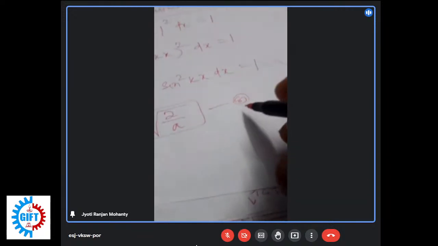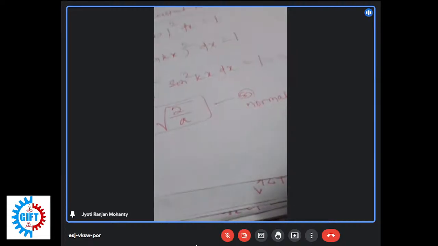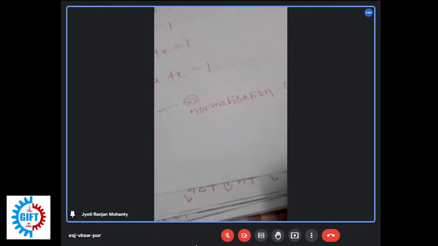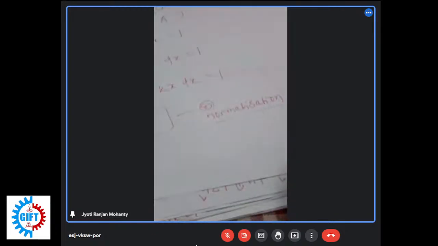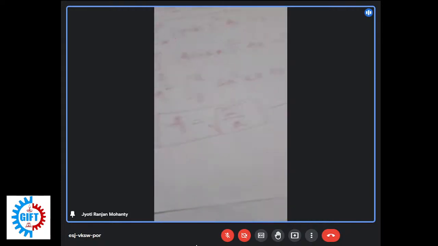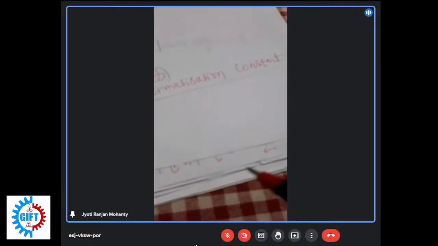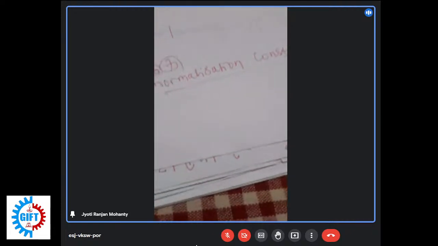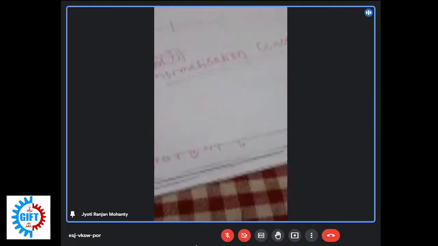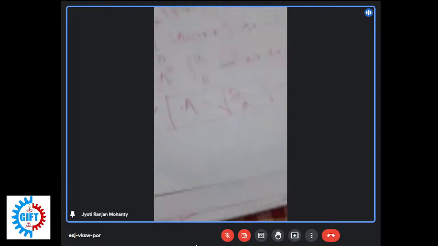So this equation is known as the normalization constant, whatever, this is equation 7. A is equal to 2 by a under root, which is known as the normalization constant, where capital A is the unknown constant, and small a is known as the width of the potential box. Okay, understood?